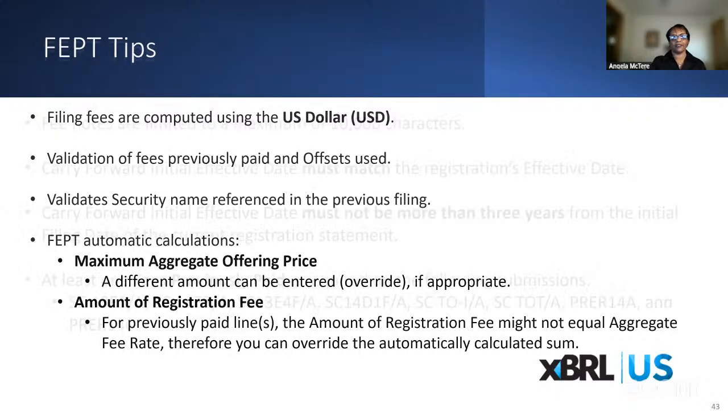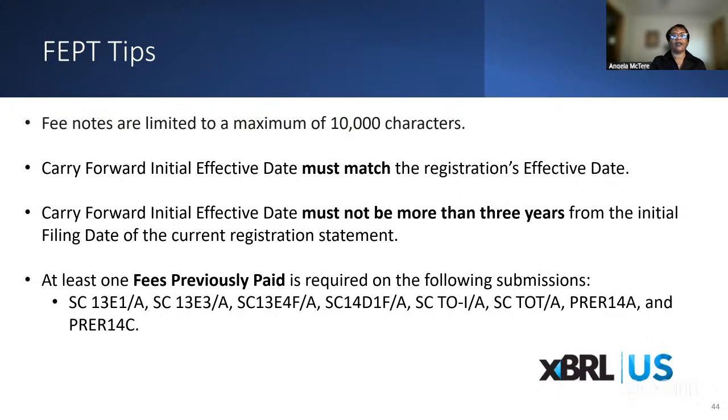Next slide, please. Okay, fee notes, again, are limited to a maximum of 10,000 characters. And again, no special characters are allowed. Carry forward: for carry forward information, the initial effective date must match the effective date of the registration statement that's being referenced.